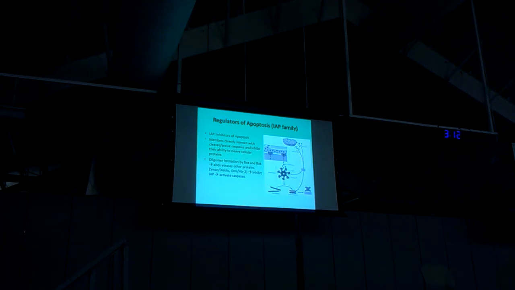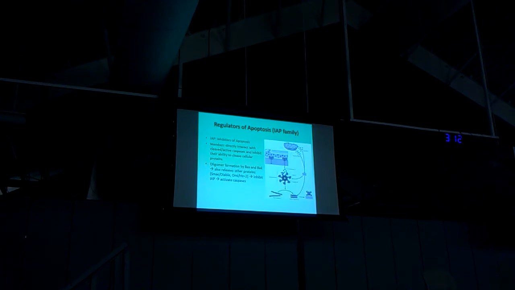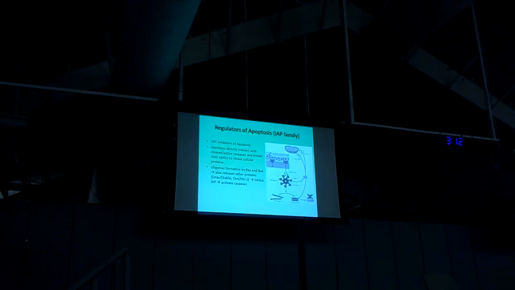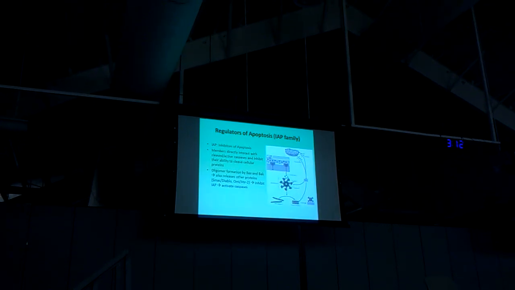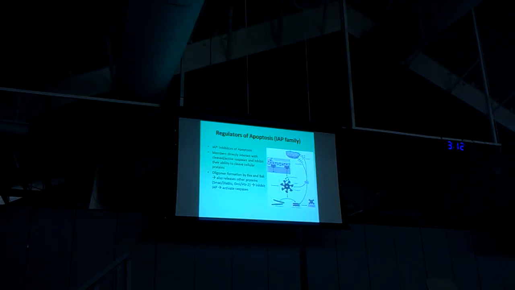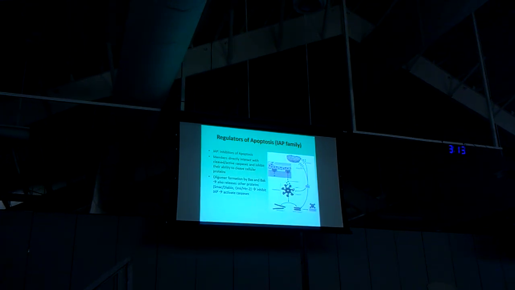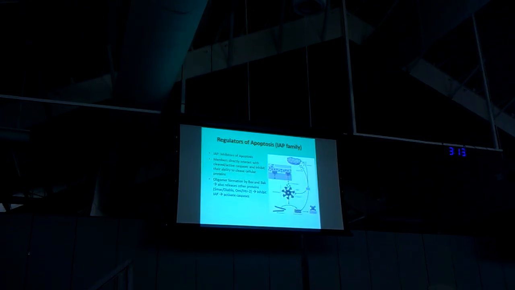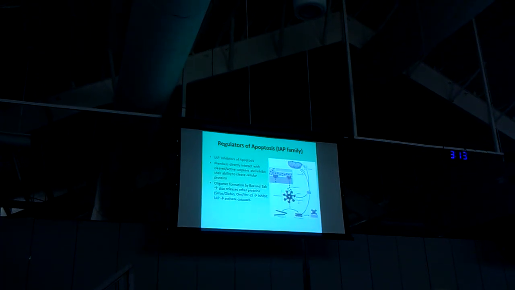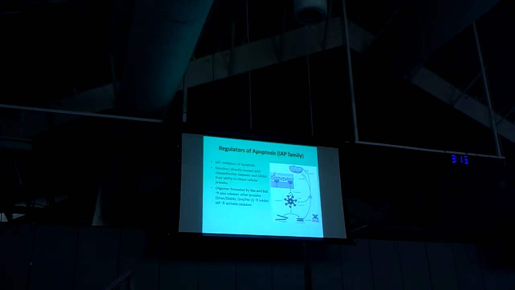Now, what you need to highlight on here is that your IAP is able to directly interact with a component of the apoptosome. So the IAP inhibits either the apoptosome formation or the apoptosome function. So it's either going to prevent your cytochrome C from binding and turning on the apoptosome, or it can inhibit your caspase 9 formation, or it can inhibit the whole apoptosome.